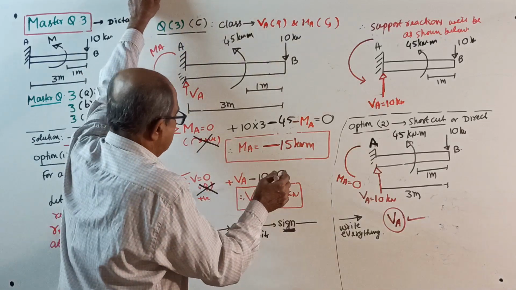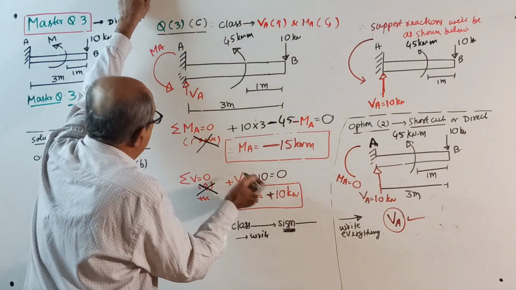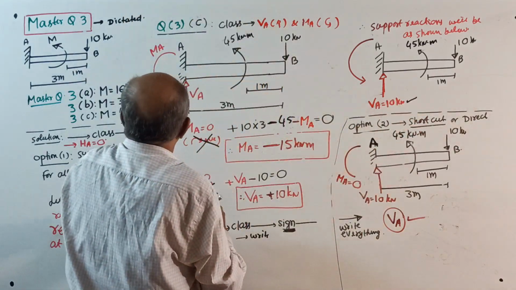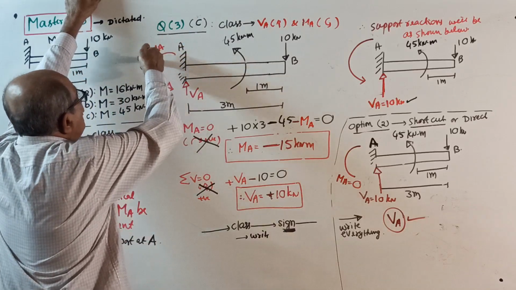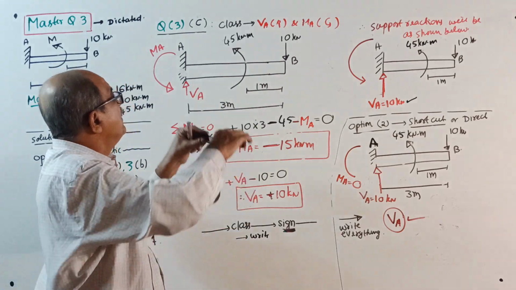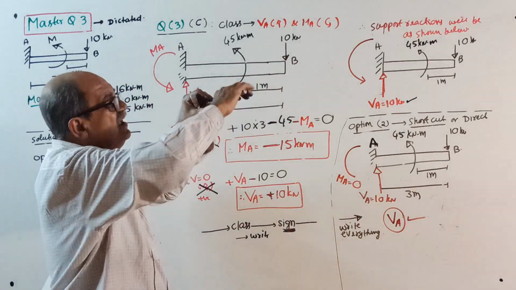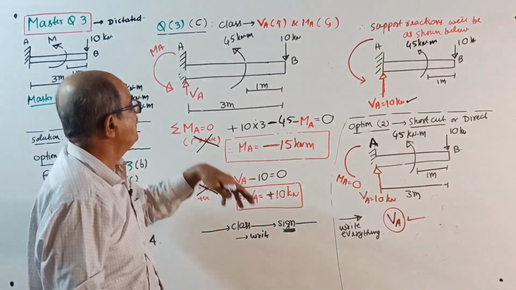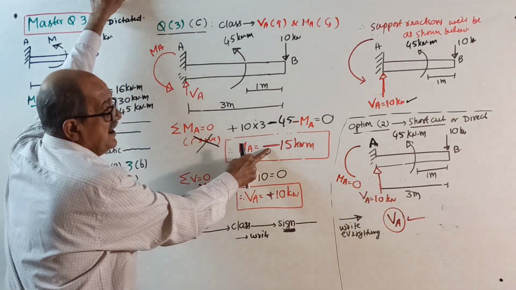Okay, start now. We took VA plus upward, positive value came, correct. VA is over. MA, we took anti-clockwise. Why? Just like that. Usually, when the cantilever is this way, you think, oh, this is anti-clockwise. Or in a hurry you took anti-clockwise. But answer came negative.